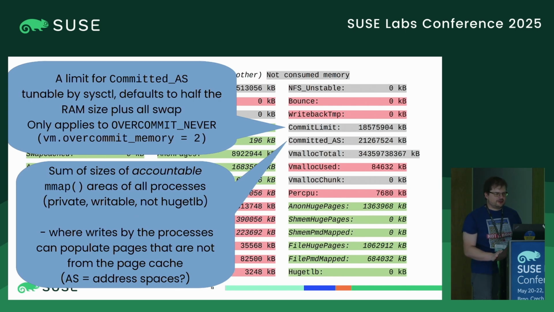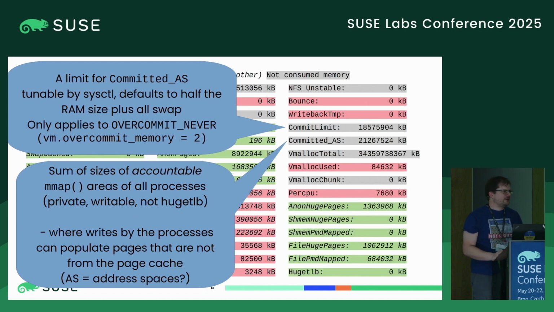For example, in this case, you could see that on the desktop where I took this snapshot, the committed amount was already over the commit limit. But because the vm.overcommit_memory mode is different from the value of 2, which means never, things continue working.